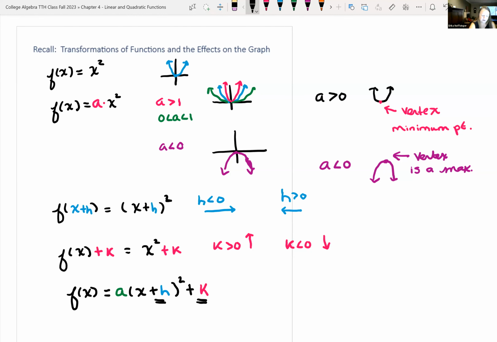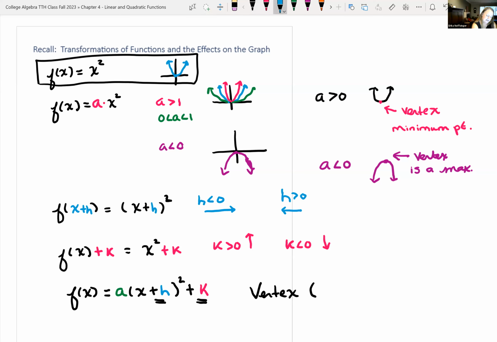Technically, this plus h and this plus k are going to tell me where my new vertex is from my original function f of x equals x squared. So our vertex is going to be at negative h, as it was the opposite direction than you thought, comma k.